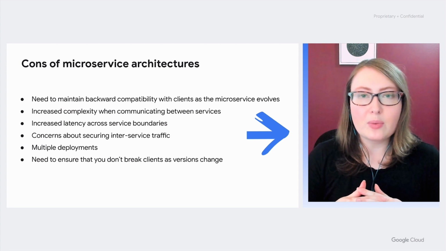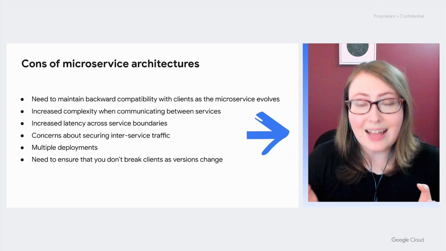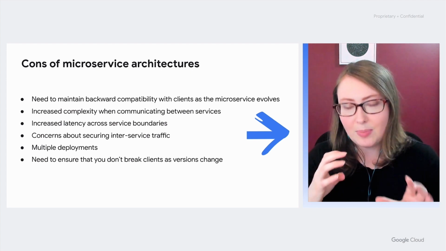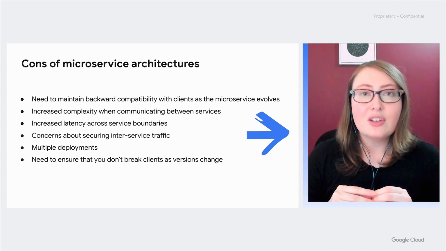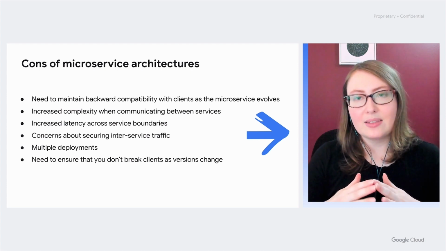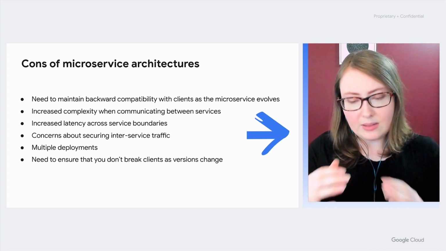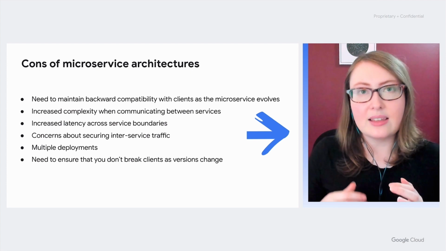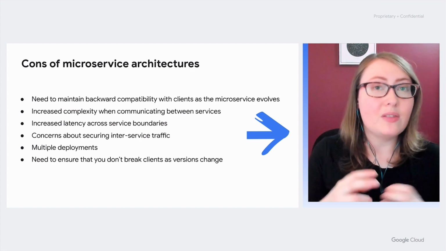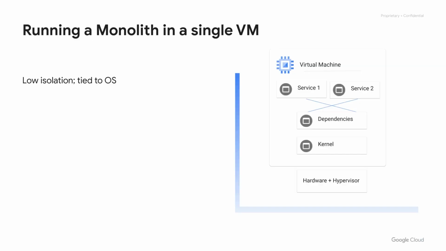There's more that you have to worry about, such as ensuring that you don't break clients as versions of independent pieces of the microservice change. And also maintaining backward compatibility with clients as the microservice capabilities and interfaces evolve, especially within the microservice, making sure that each component as it updates is still working with all of the other components of the microservice is, of course, very important.